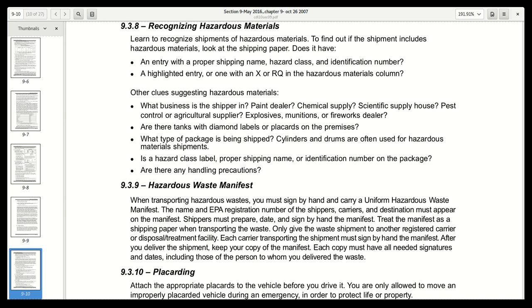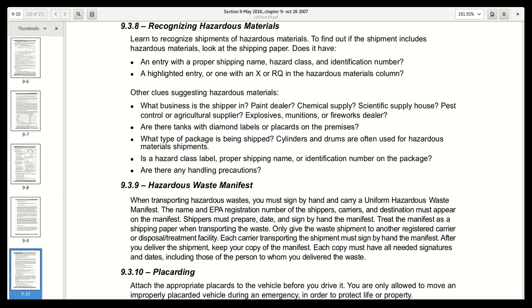Other clues suggesting hazardous materials. What business is the shipper in? Paint dealer? Chemical supply? Scientific supply house? Pest control or agricultural supplier? Explosives, munitions, or fireworks dealer? Are there tanks with diamond labels or placards on the premises?